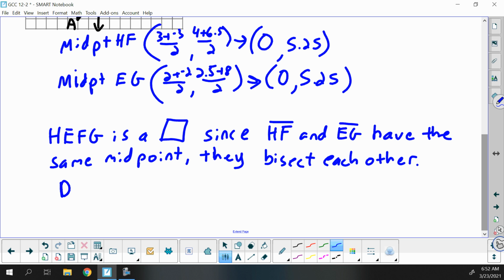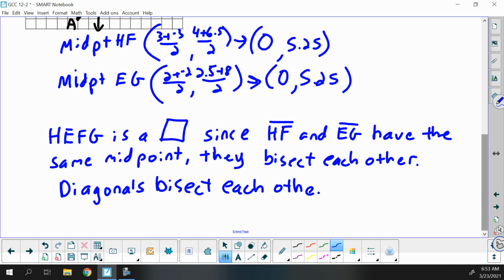And then we'll say diagonals bisect each other implies parallelogram.